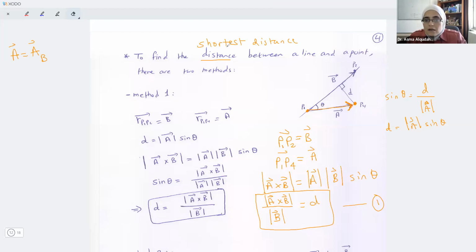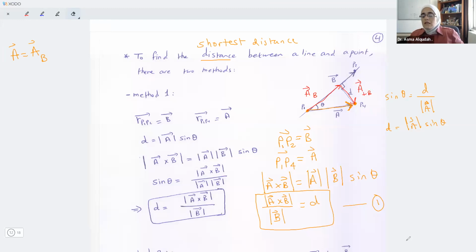Its components are as follows. One component is the projection onto B. So this is one component. We call it A sub B. And the other component of A is this component. We call it A perpendicular to B.